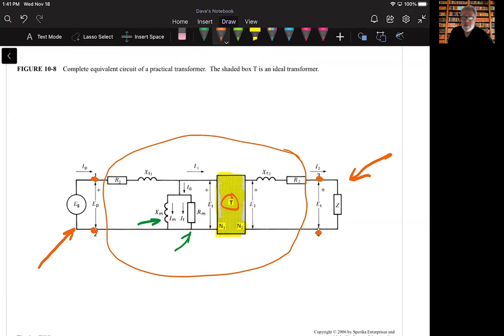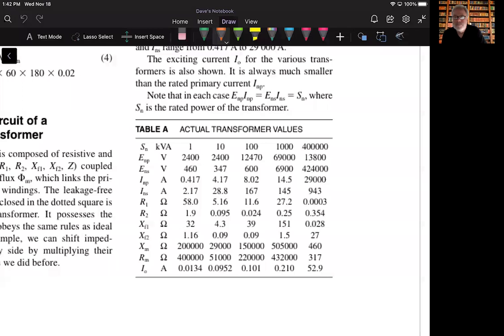So let's look at table 10A, and I think I can pull that up here. Here is table 10A. It tells us typical values of the things that we've been looking at. Here are typical values for R1, the resistance that we saw on the primary side.